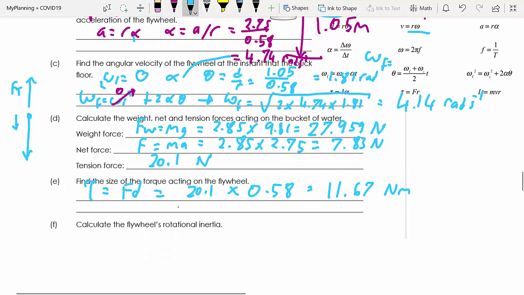And then if we want to work out the rotational inertia, torque equals I alpha, so I equals torque divided by alpha.